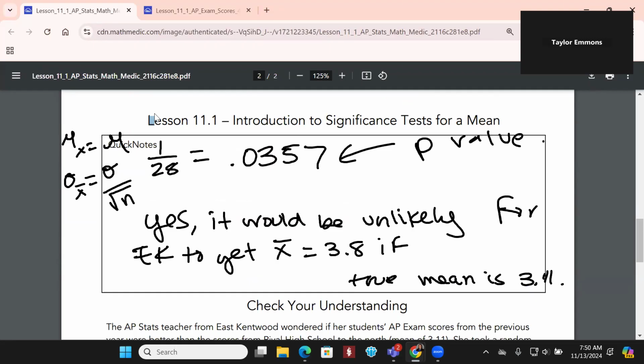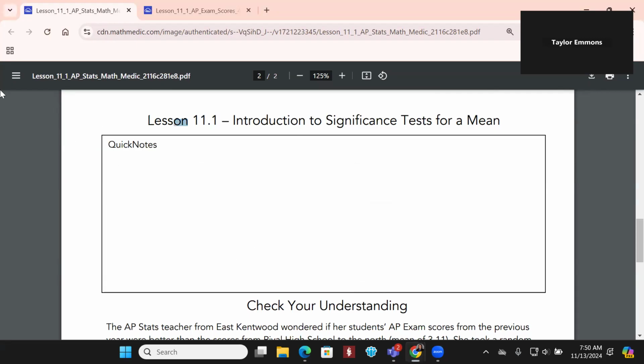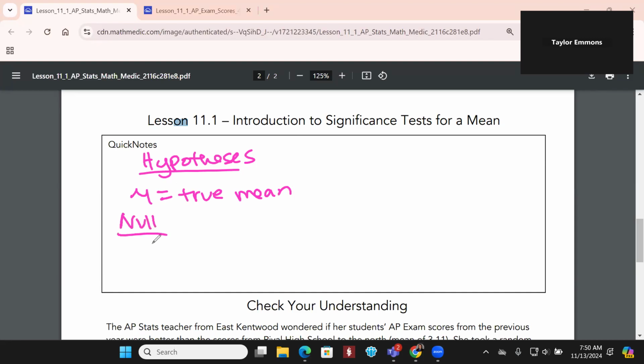Let's summarize so that we can practice and we can move on. So we talked about hypotheses, where mu is the true mean in context. We talked about mu being the true mean, not the fake mean, the true mean. We talked about the null and how H0 is going to be whatever value.